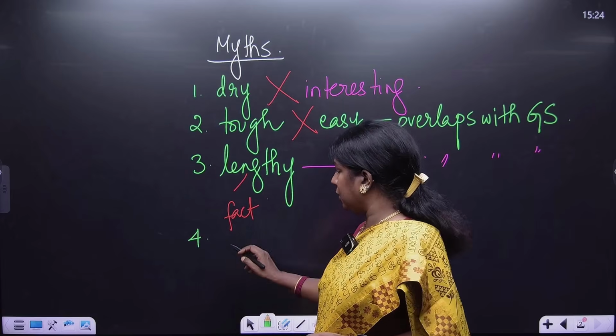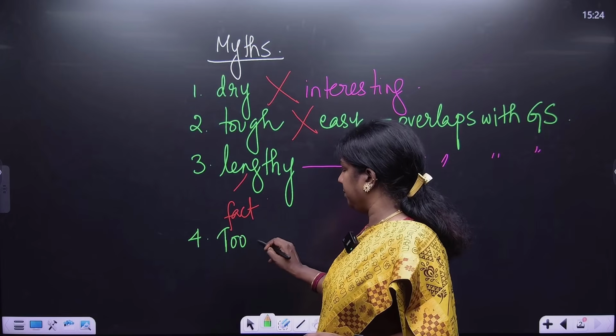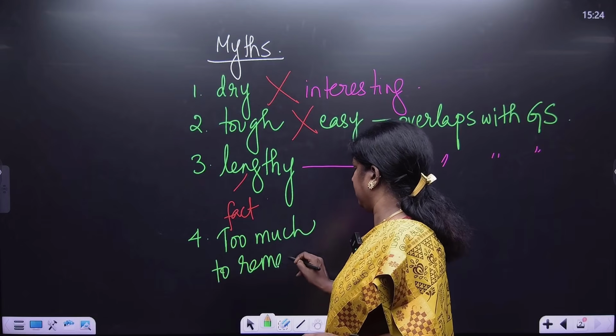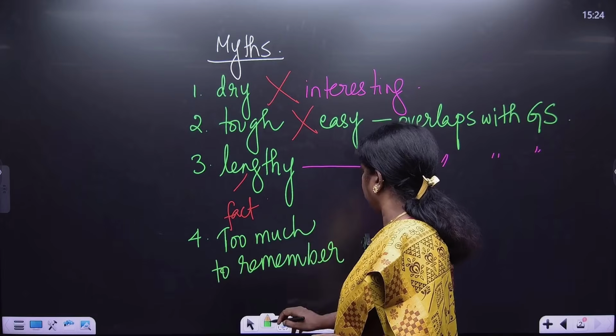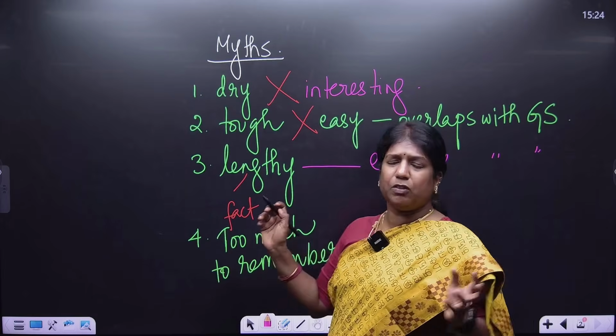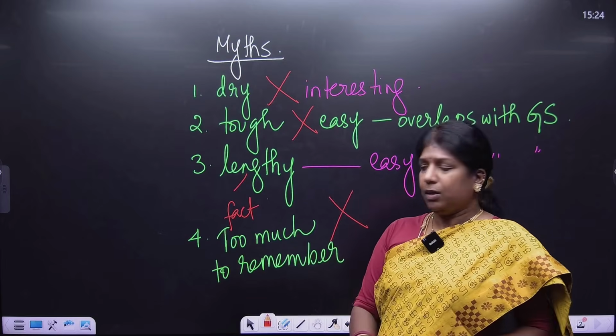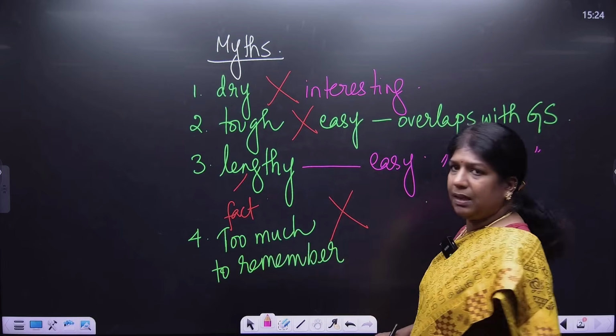The next is too much to remember. Students generally tell me, ma'am, there is too much to remember. But I would tell you, not at all. You need not remember everything.